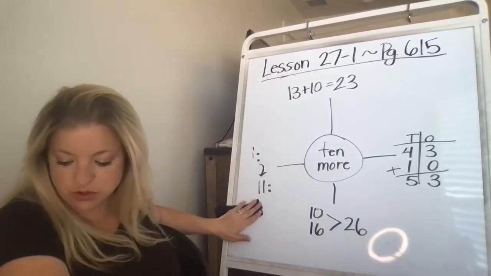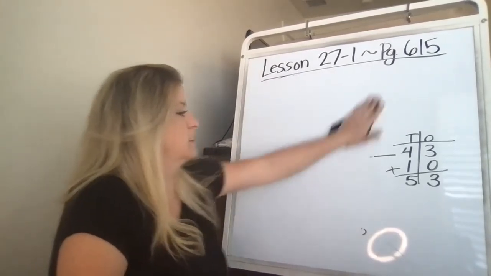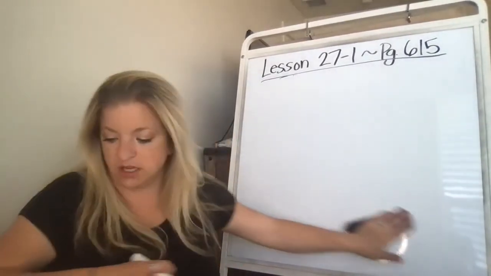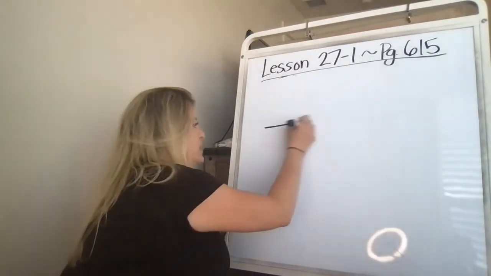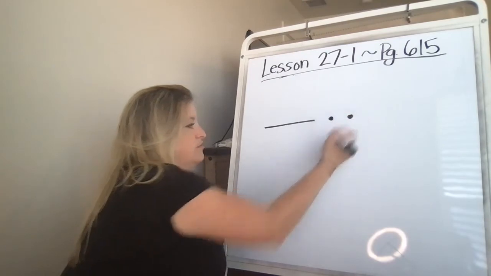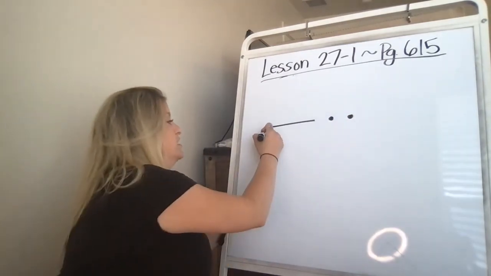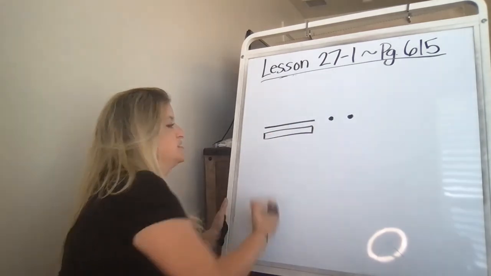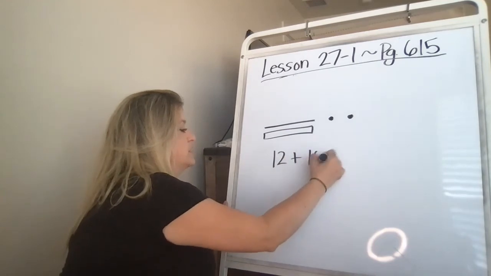Down below, the blocks show 12, add 10 more. The blocks now show blank. So let's see, the blocks show 12, add 10 more. So they give it like this, one stick, 12. The blocks now show, if I add in another stick, they now show 12 plus 10.